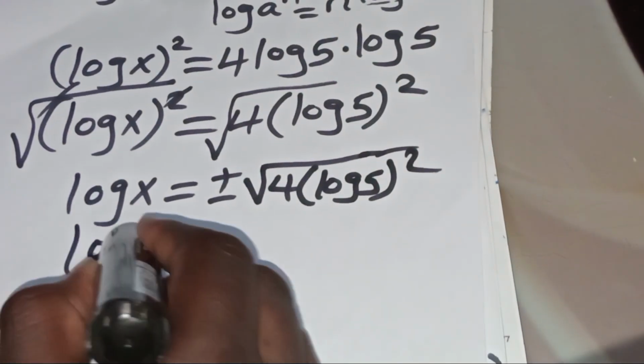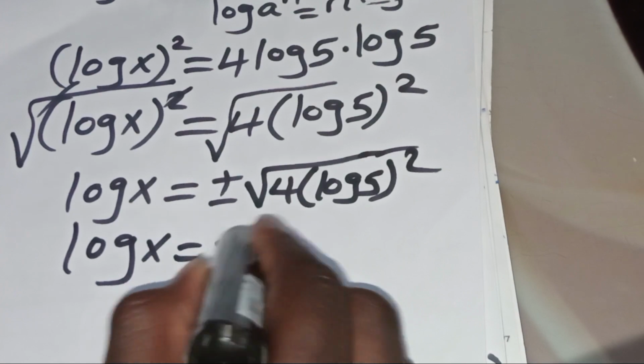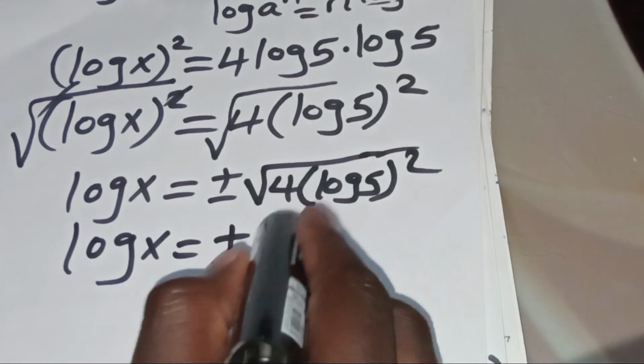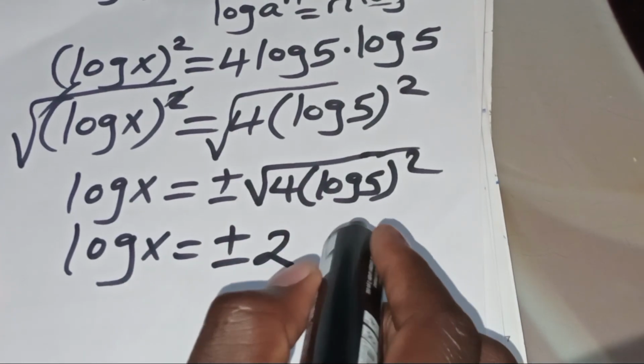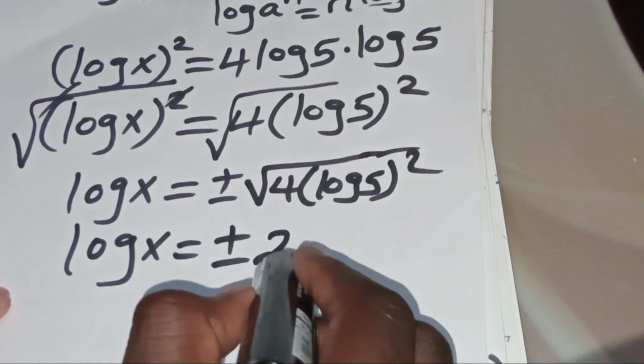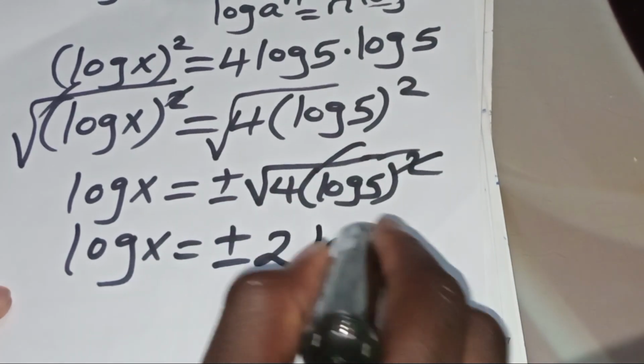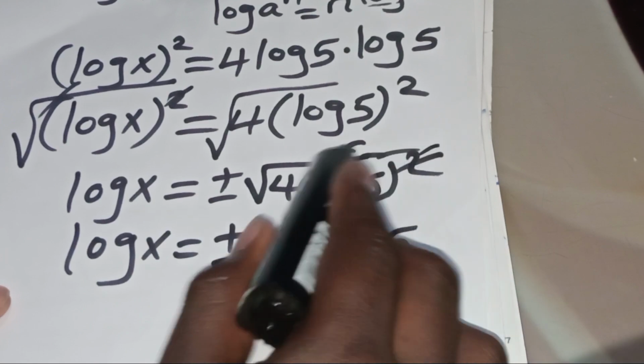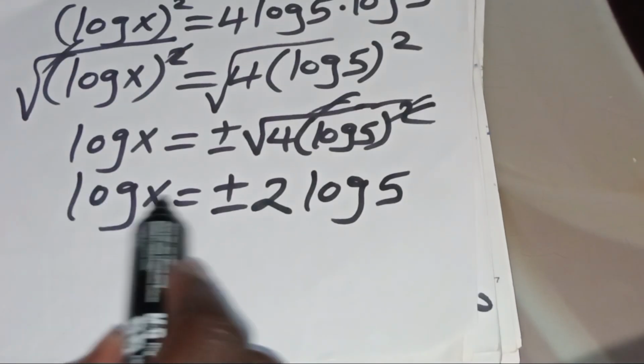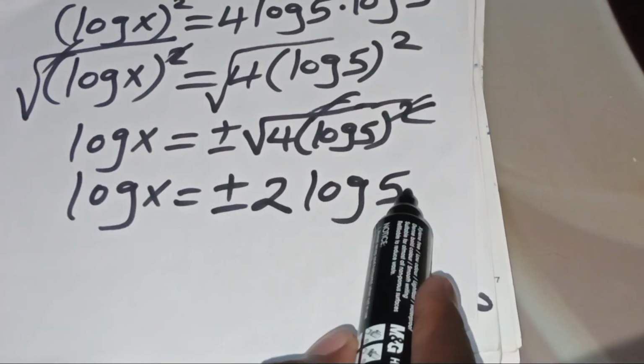That means log x is equal to plus or minus the square root of 4, which is actually 2, so plus or minus 2 log 5. The square root simplified there. So we have log x equal to plus or minus 2 log 5.